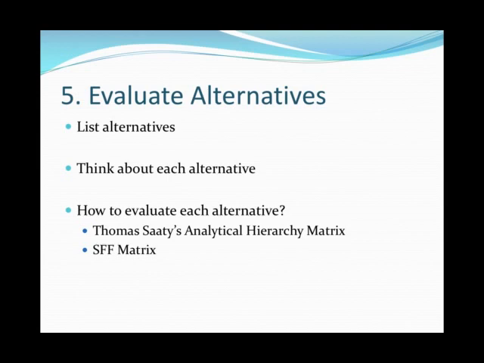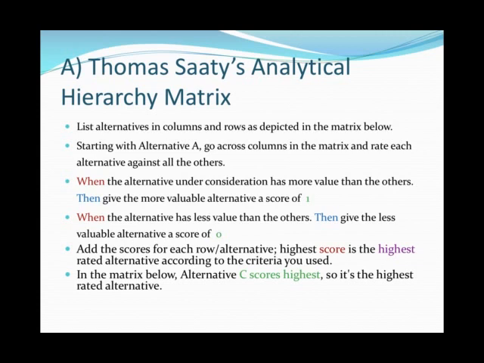One is this Thomas Saaty analytical hierarchy matrix. We're going to list the alternatives in columns and rows. We'll show you the matrix after this; it'll make more sense. Starting with alternative A, go across the columns and rate each alternative against the others.